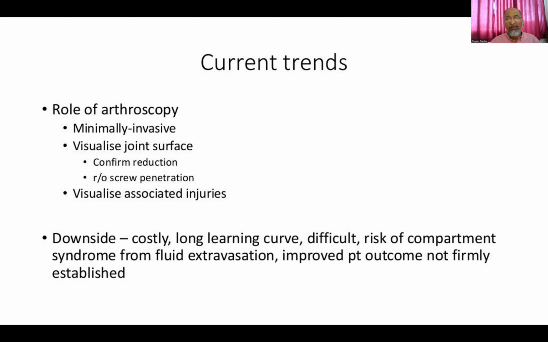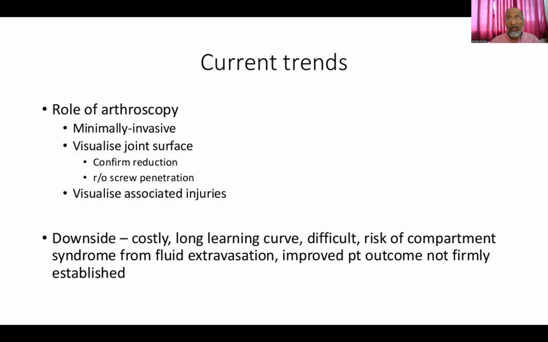But the bad side is that it is costly, and it takes the surgeon a long time to learn, and there are some difficulties. Then there is a risk of compartment syndrome, and whether it improves the outcome has not been established till now.